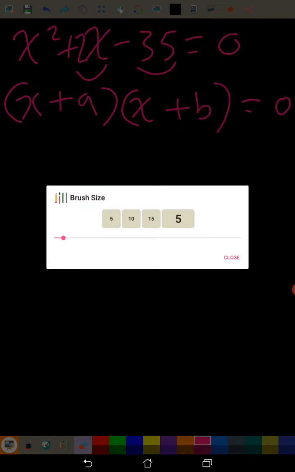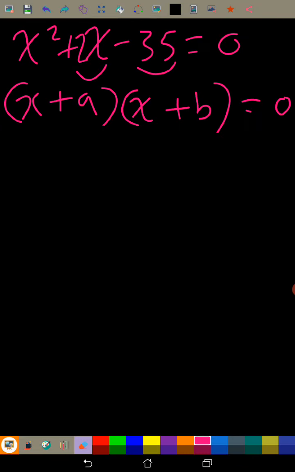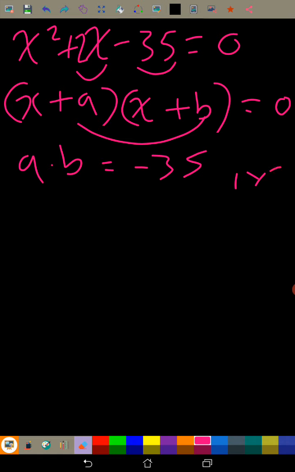So what I'm going to do is, I see that the product of a and b, so a times b is equal to minus 35. So what can be a and b? So it can be 1 times 35, of course. 1 should be negative to have a negative answer, but it can be also 5 times 7, yes, minus 5 times 7, for example.